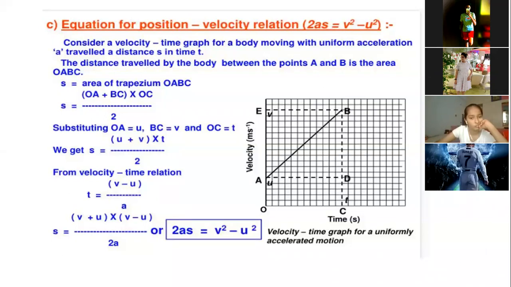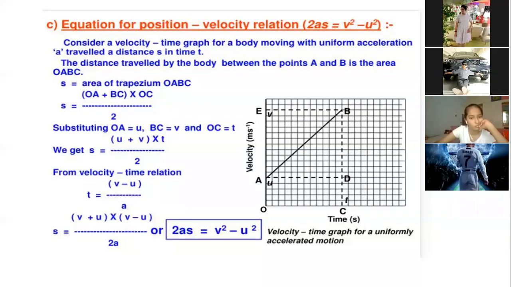Okay, so let me get back to the third equation. This is the position velocity relation. Again, the same graph you have considered, and you say a body is moving with uniform acceleration and travels a distance s in time t. The distance traveled by the body between points A and B is the area OABC.